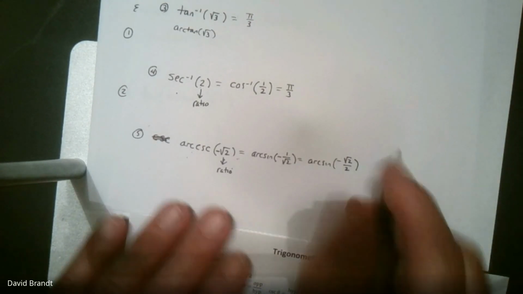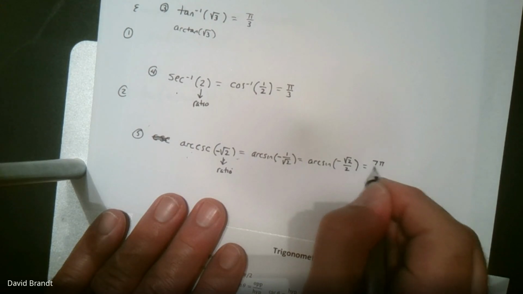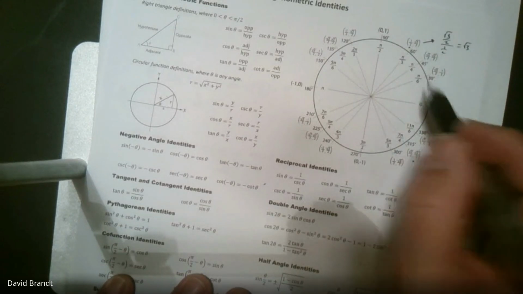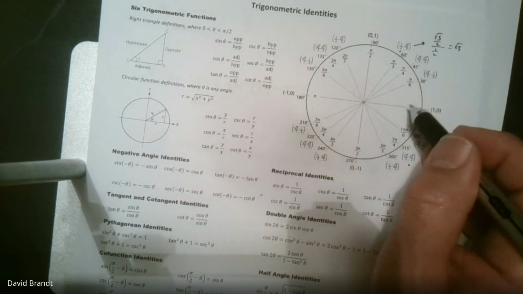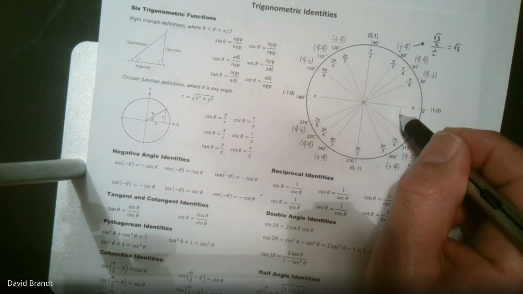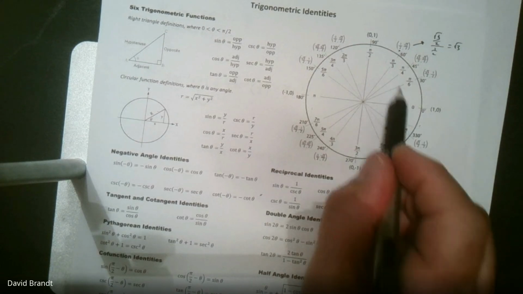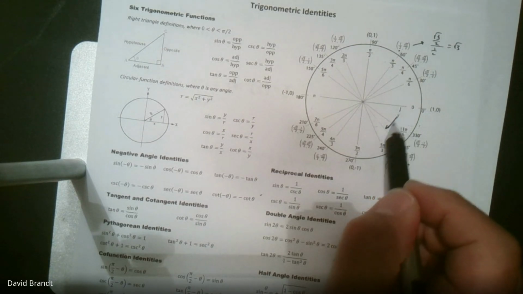Now, the calculator is not going to call that 7 pi over 4. Instead, the calculator, and we should too, is going to take the easy way. Instead of going all the way around the circle this way, it's just going to go this way. Now, instead of going all the way around this way and calling it 7 pi over 4, what would it be if you went this way?